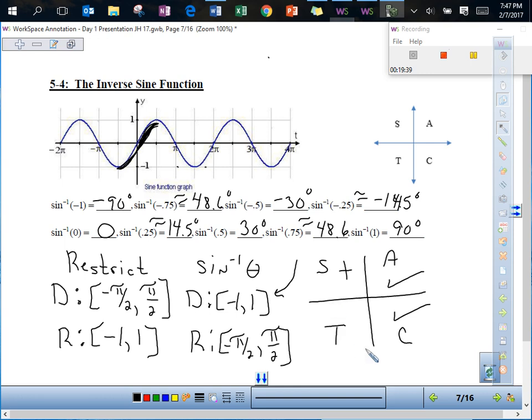Okay? So that's what that means. So guys, in terms of "all students take calculus," when we go to think about this, we got to include the first quadrant. That's a given. So you've taken care of the positive values of sine. Ask yourself where the negative values of sine are. They're right there.